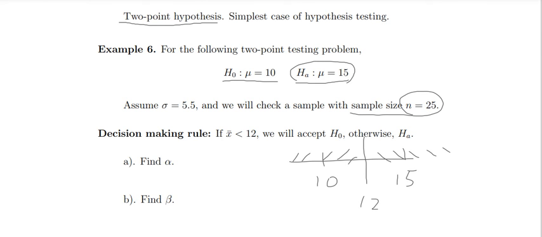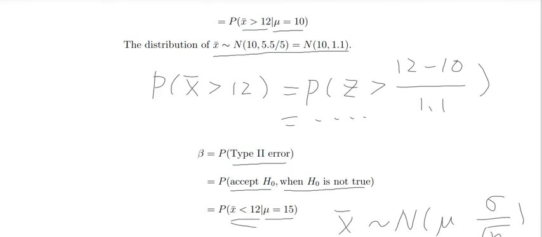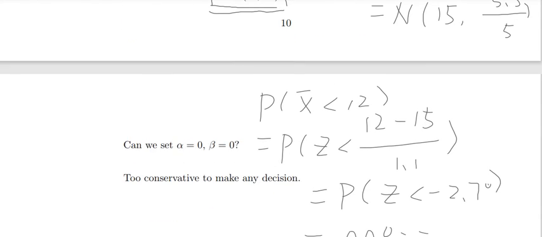So alpha and beta are the probabilities of making mistakes. We hope both alpha and beta are quite small. The smaller the better, right? But can we set alpha and beta as 0?